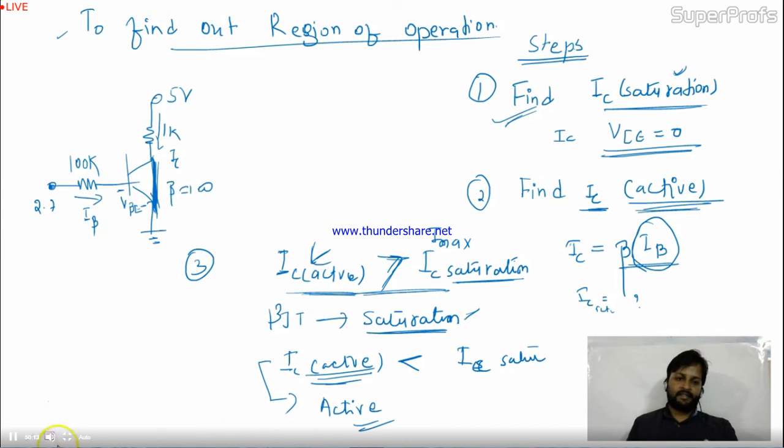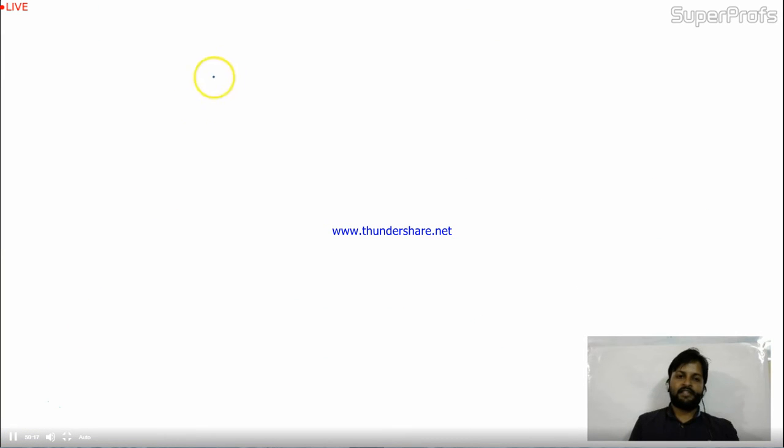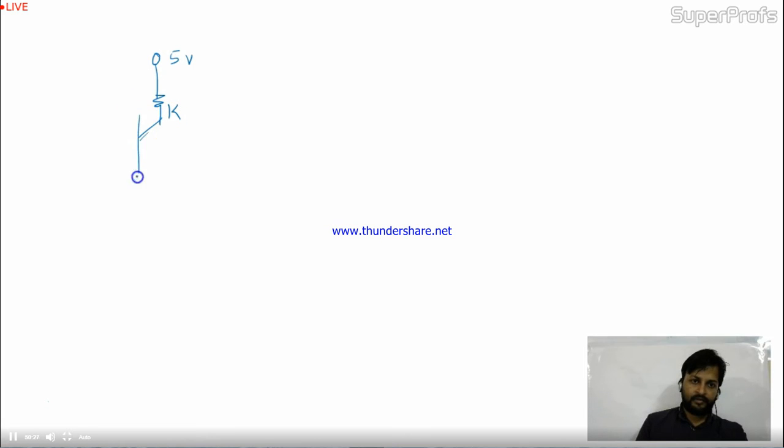Now we'll check this circuit. I'll draw it again for you and we'll check it. The question is given: 5 volt VCC, here 1K, this is 1K. The emitter is grounded over here.